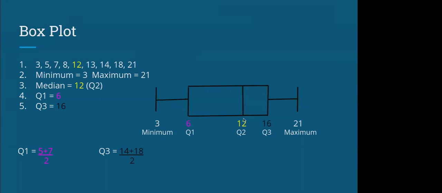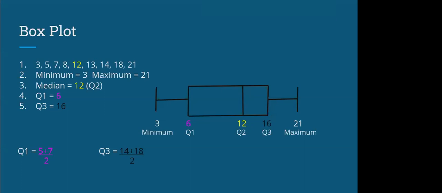So now we have the data in 2 parts. We want to know, again, the middle of the low end. That's 6. And then we want to know the middle of the high end. That's 16. But you see the placement of the median is closer to quartile 3 than it is to quartile 1, because 12 is closer to 16.